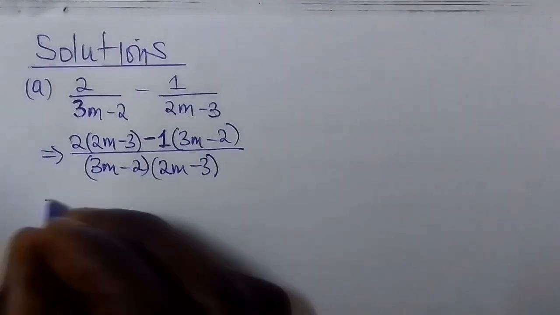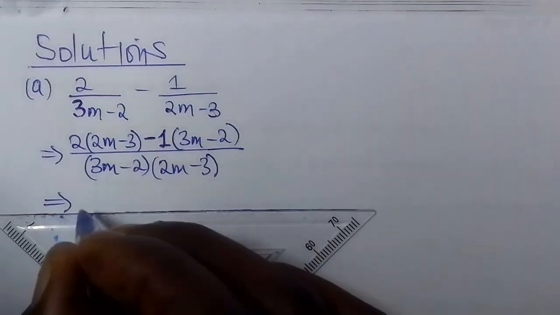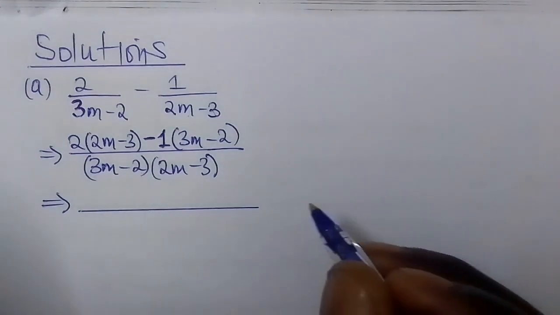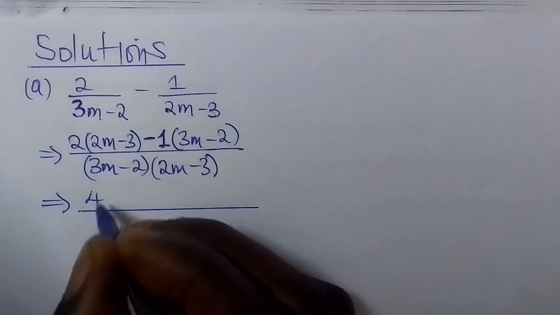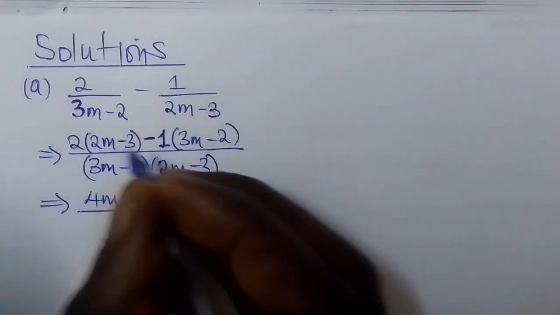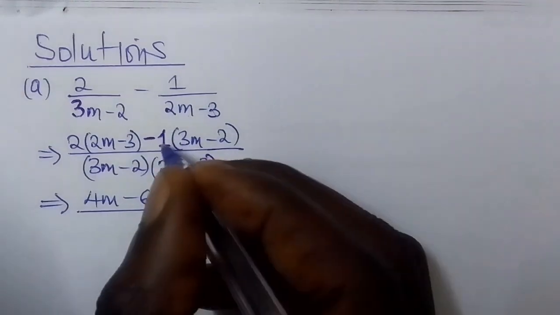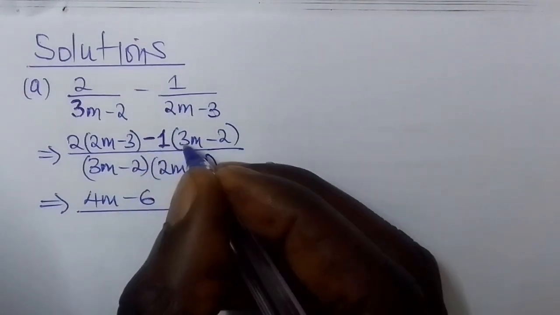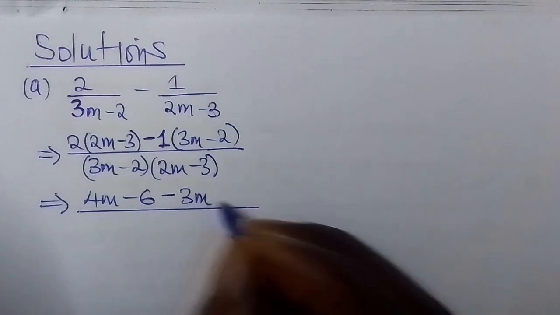Then we multiply. Multiplying gives 2 times 2m, this gives 4m. 2 times negative 3, this gives negative 6. Then negative 1 times positive 3m, this gives negative 3m.